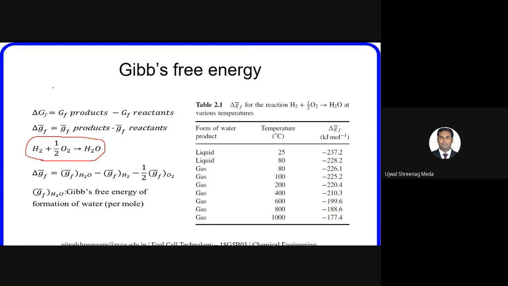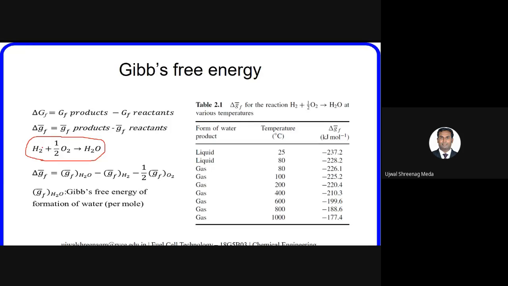The electrons move through the external circuit and reach cathode. These protons and electrons combine with oxygen, and water is formed. So this is the overall reaction.